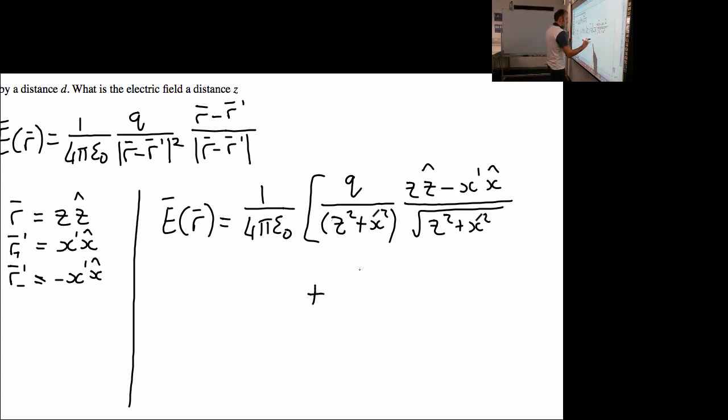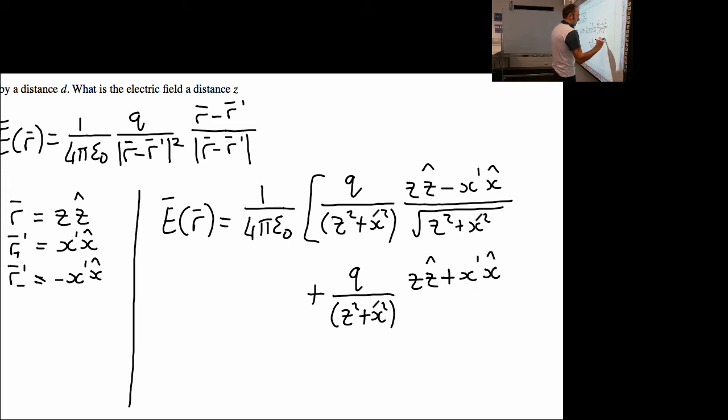Plus, now the other charge, so we've got q over z squared plus x squared, by z hat plus x prime x hat, divided by the square root of z squared plus x squared.